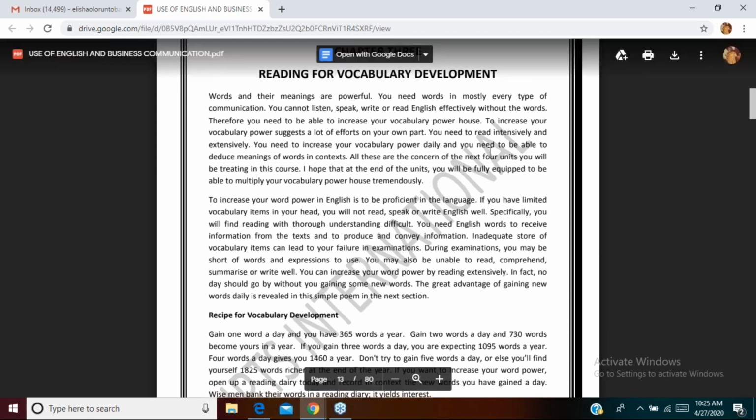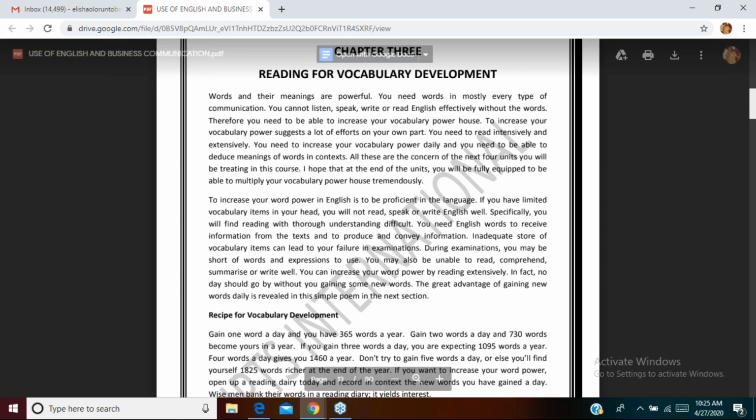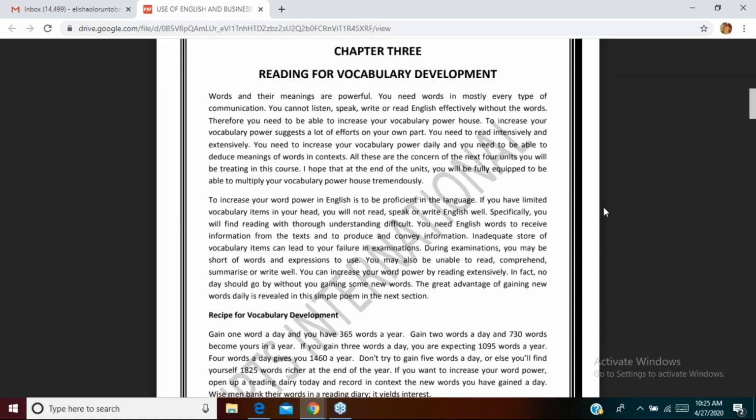Now, there are a lot of things we'll be doing this morning, and we'll be doing a lot of exercise as far as today's lecture is concerned, because we are talking about the use of English. We are talking about you being able to communicate effectively.